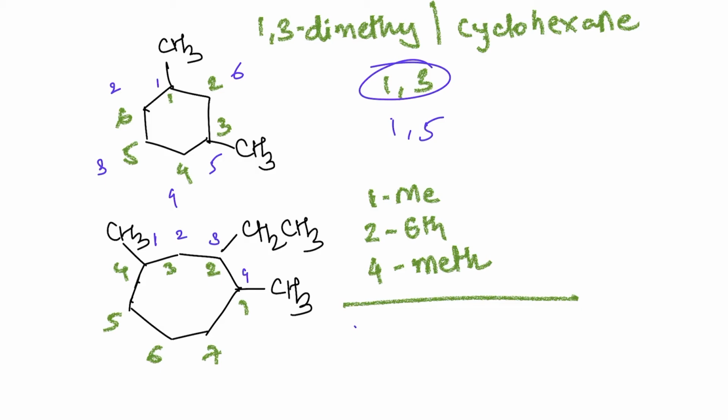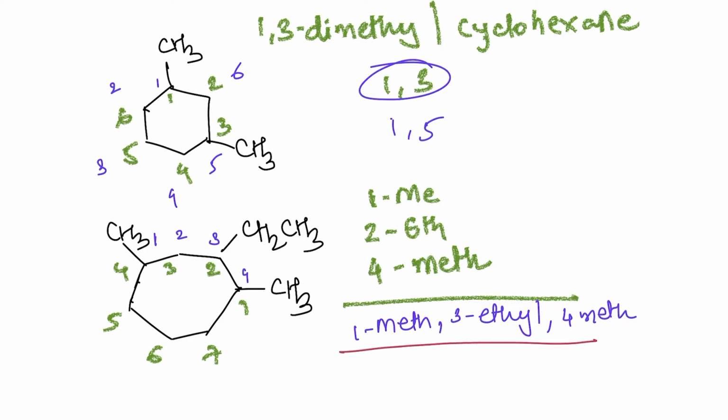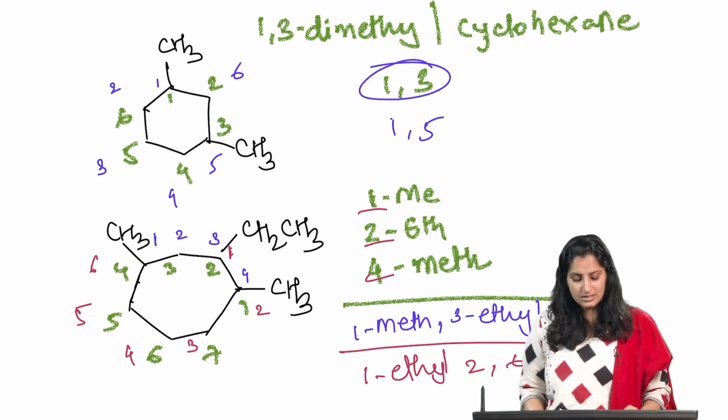So, that will give me 1 methyl, 3 ethyl and 4 methyl, right. I can even number it one more way. So, let us try looking at that. Okay. So, I can start numbering it from ethyl and I can go 1, 2, 3, 4, 5, 6. So, that will give me 1 ethyl, 2, 6 dimethyl.